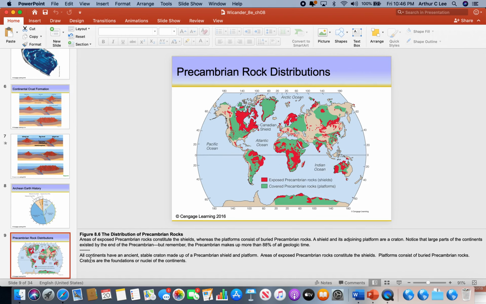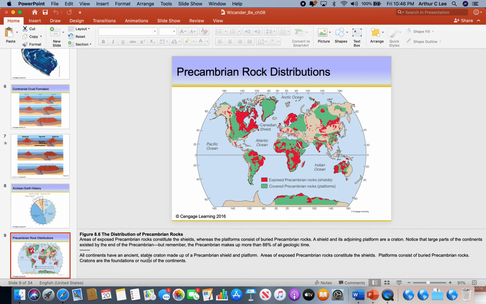This particular map of the world can be found in your textbook. And it shows you where Precambrian rock can be found. There are 3 colors on this map: red, green, and light brown.